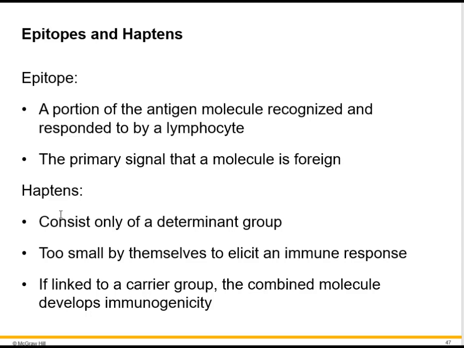So haptens consist of only a determinant group, the epitope itself. And they're too small to be seen as dangerous, so they do not elicit an immune response by themselves. But if they are linked to a carrier molecule, then the combined molecule develops immunogenicity, so it is immunogenic.